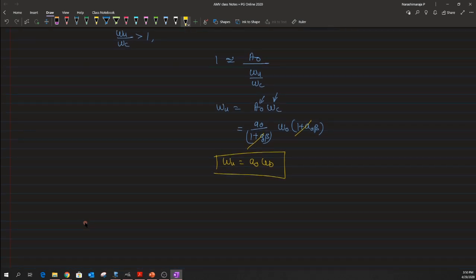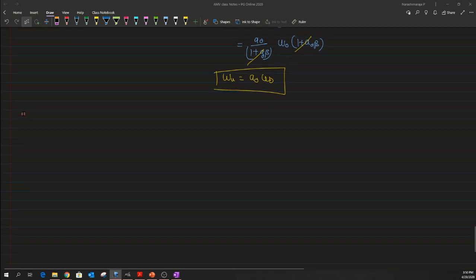So now we will come to the discussion of a problem here, and I still have to teach you how a particular specification can define the bandwidth of this particular circuit. Let us assume the same circuit that I have used for this discussion, the non-inverting amplifier configuration.